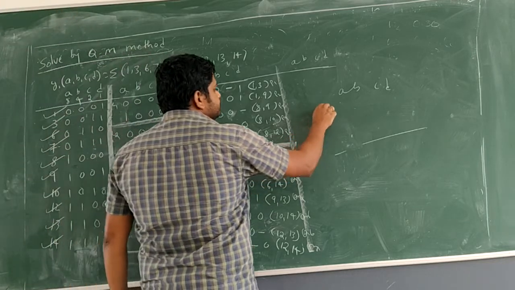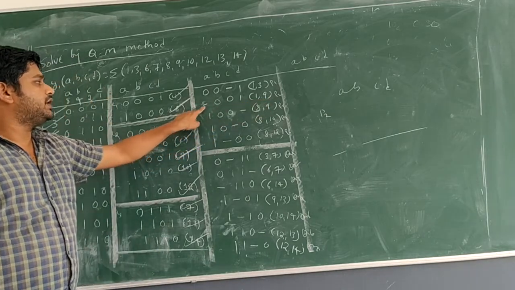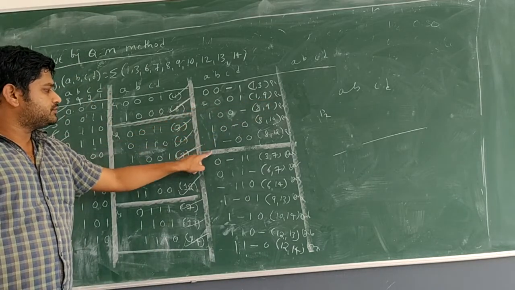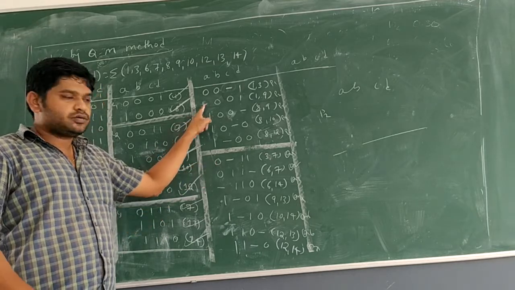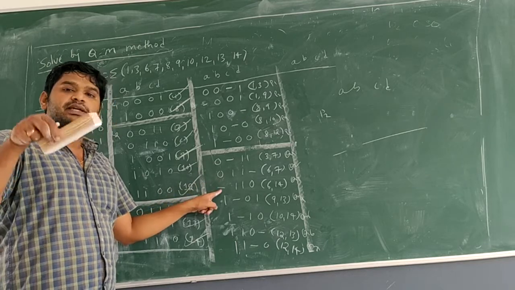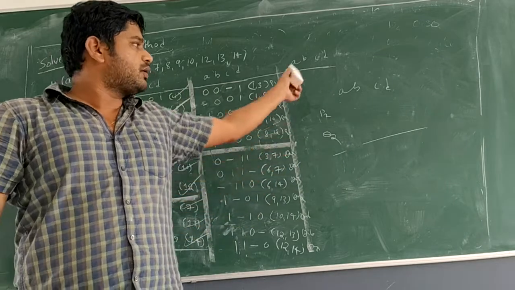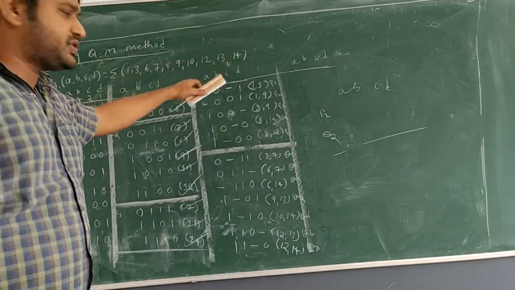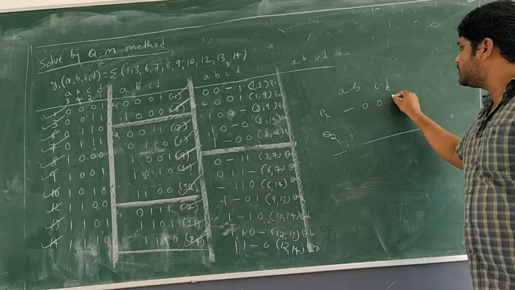Let's take P2, where P2 has hyphen A. So continue. P2 Q1 no. P2 Q2 no. P2 Q3 yes. We have to check. P2 is hyphen 0 0 1.